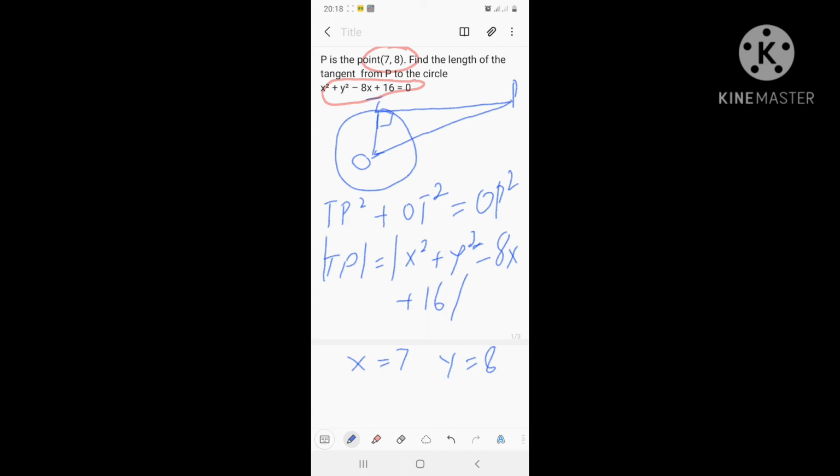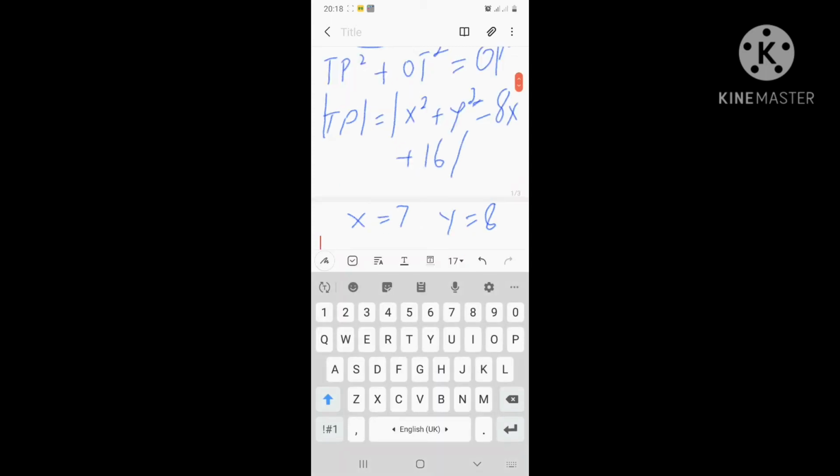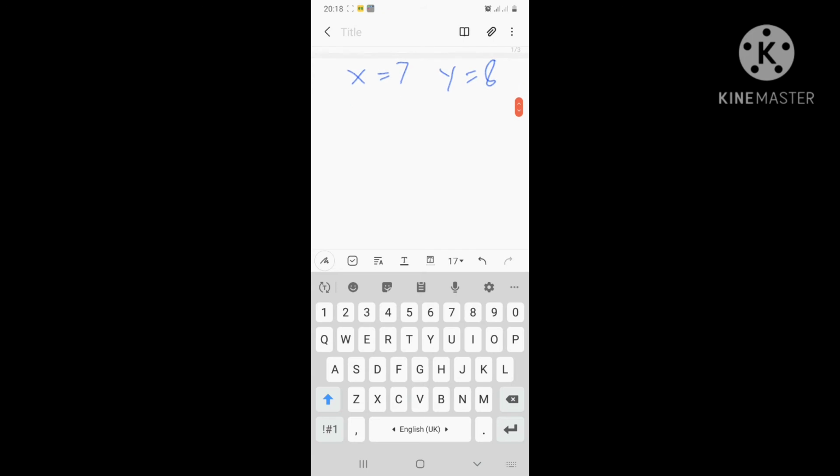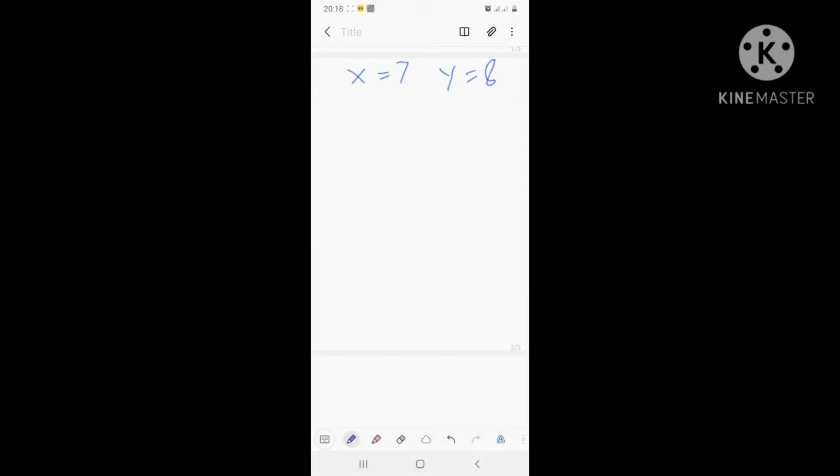Let me scroll down. So we have our length TP equal to the absolute value, that is the square root. Absolute value is square root, you know that.